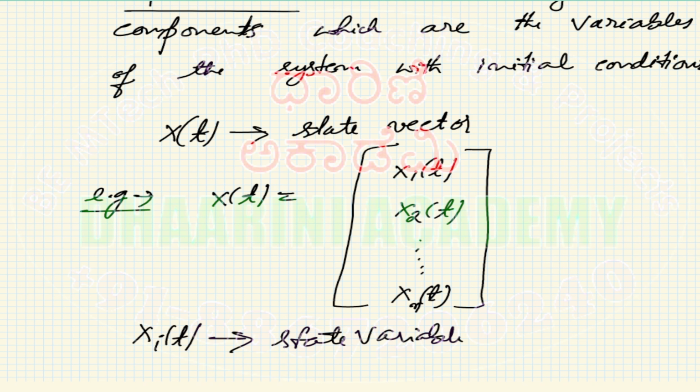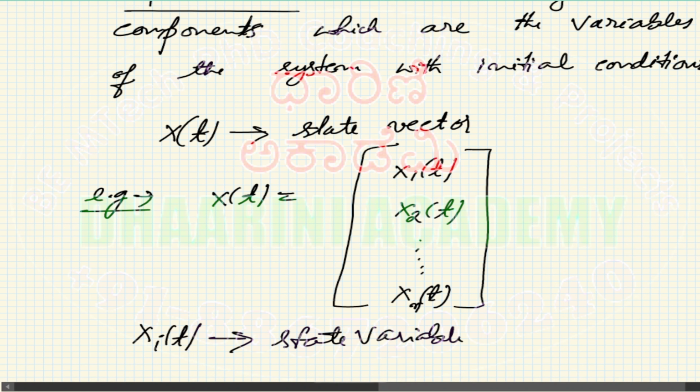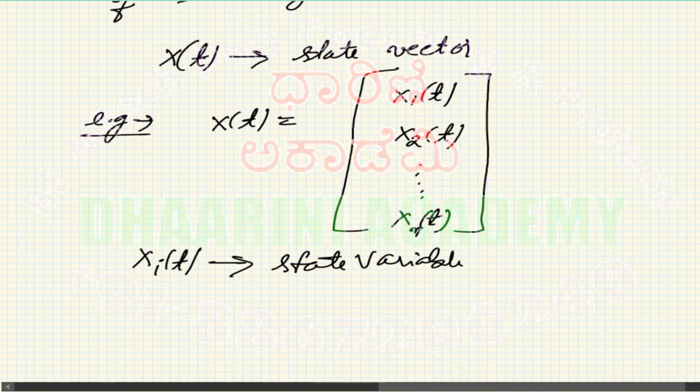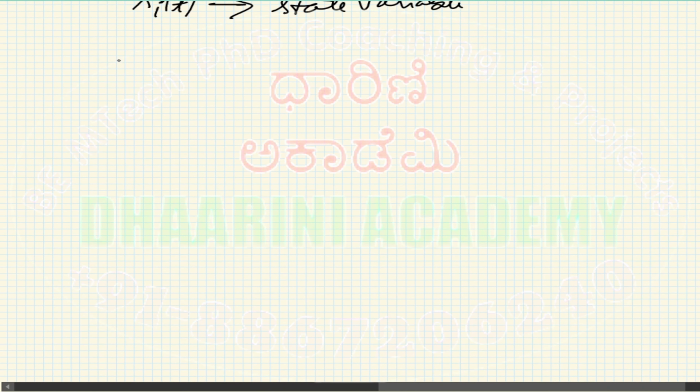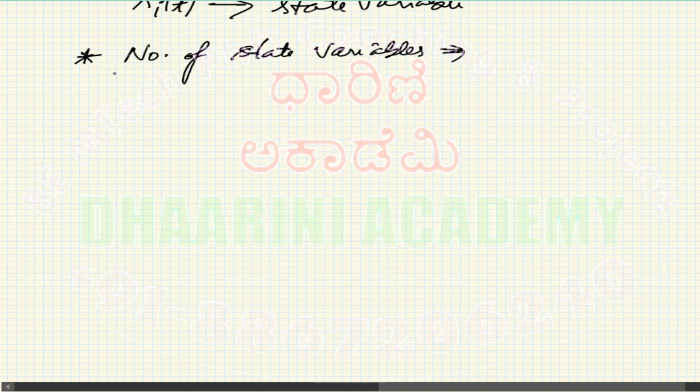Now, how many state variables are you going to consider? This is again the general way of representation. For a given system, what should be the number of state variables? This is always determined by the order of the system.